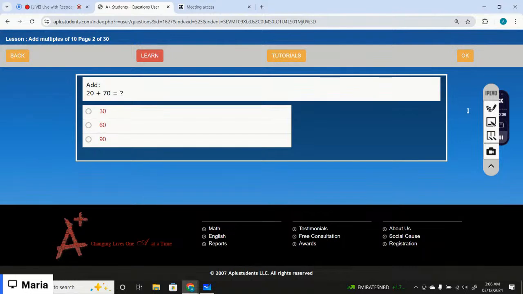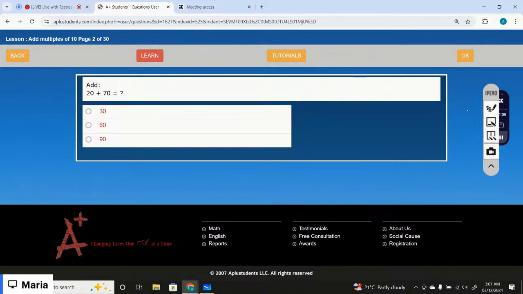20 plus 70, which is the correct option? That is 70 plus 20 is 90.